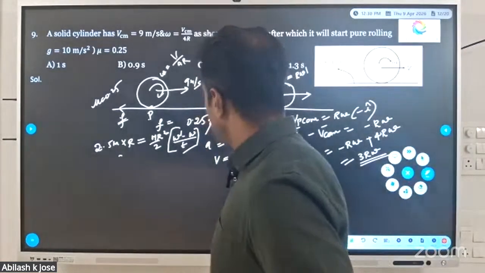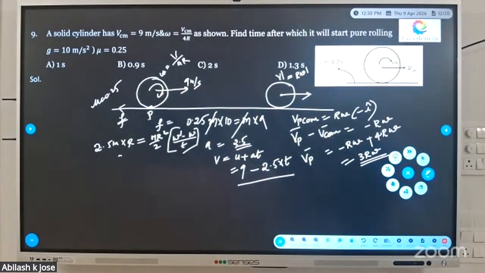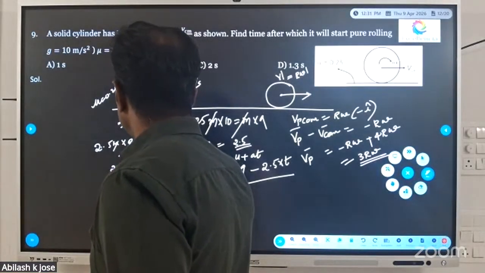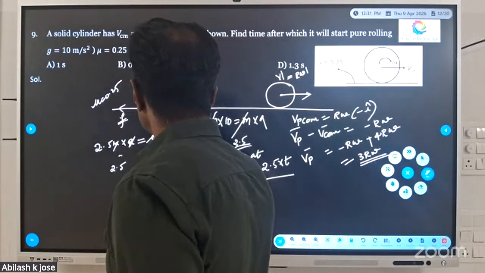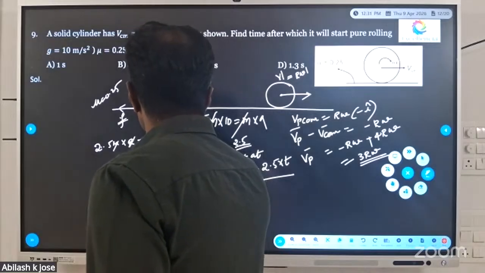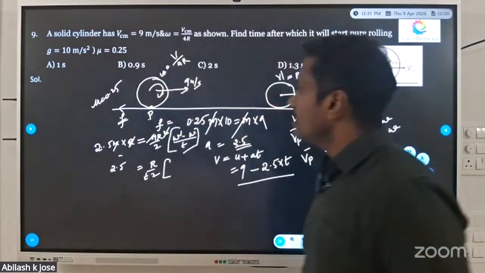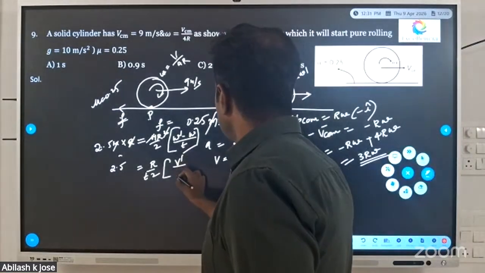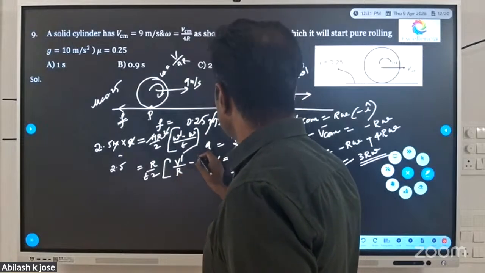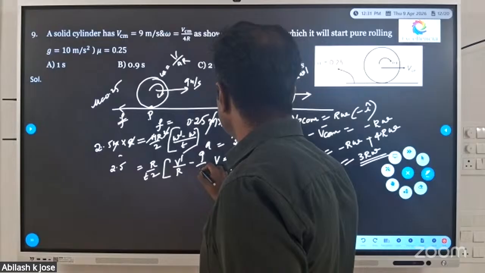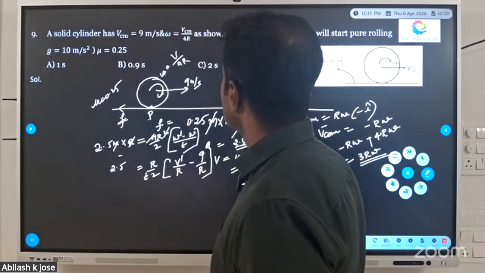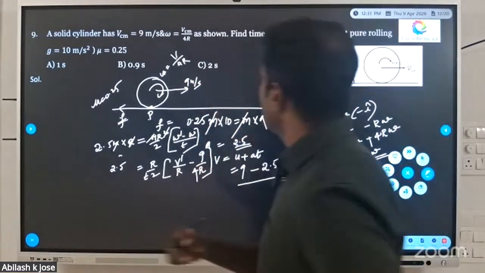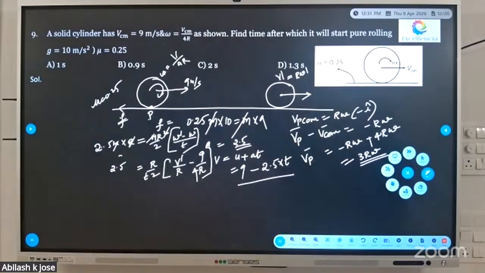Now we can write v dash is equal to R omega dash, so omega dash is equal to v dash by R. Putting that here, R will be cancelled, and it is equal to R by 2 divided by t, with omega dash as v dash by R, minus initial velocity divided by 4. So this is the initial velocity.